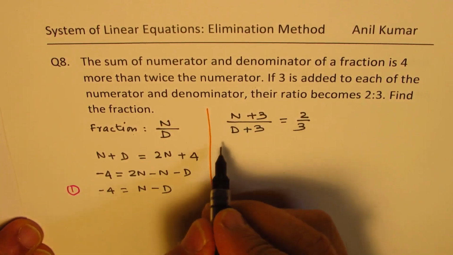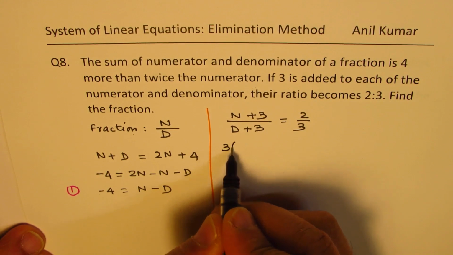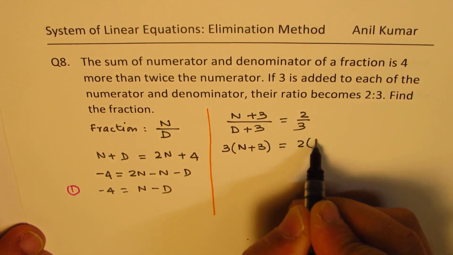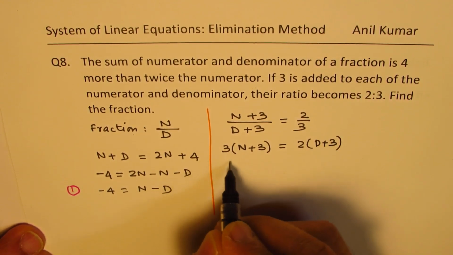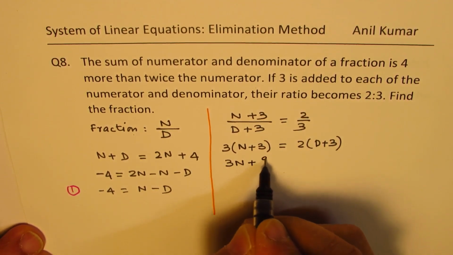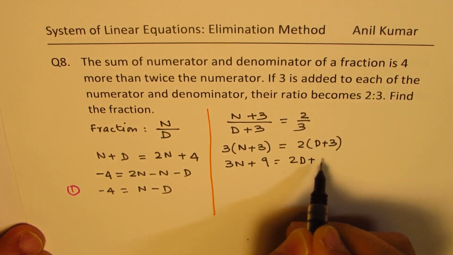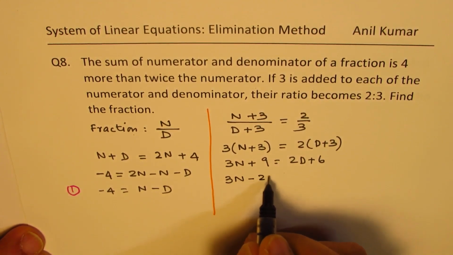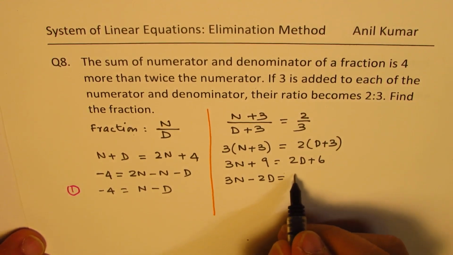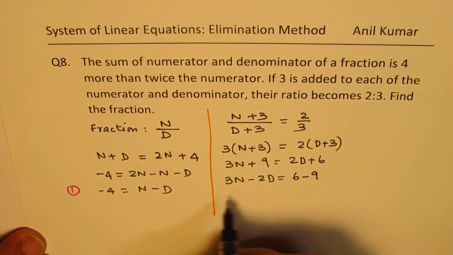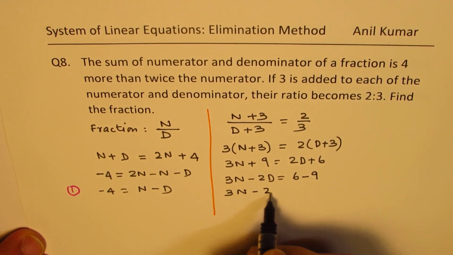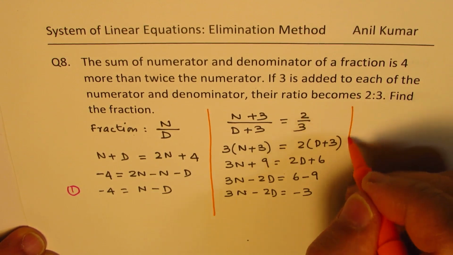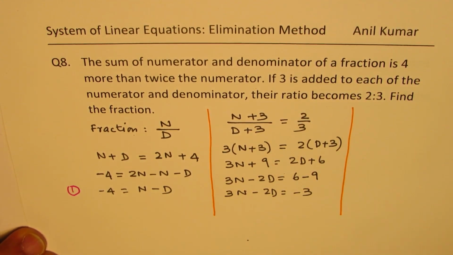Now we'll cross multiply: 3 times (n plus 3) equals 2 times (d plus 3). 3n plus 9 equals 2d plus 6. Again, let's bring them together. We get 3n minus 2d equals 6 minus 9, so we have 3n minus 2d equals minus 3. So that becomes our second equation.